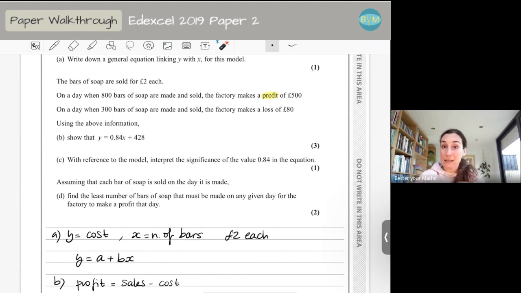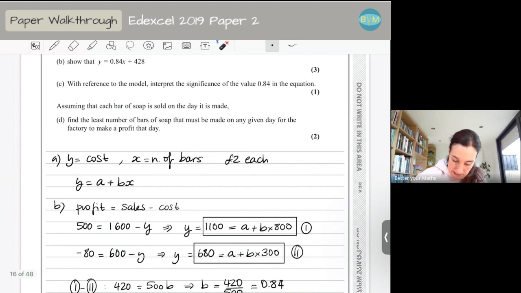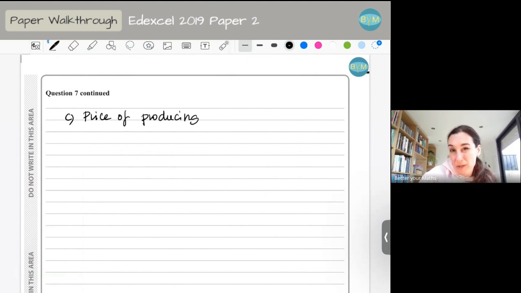So there are a few ways of saying, with your own words, that the 0.84 means the price of producing a bar, which is 0.84 pounds. And I would write something like that. So it is the price of producing one bar, or the cost of producing one bar of soap.